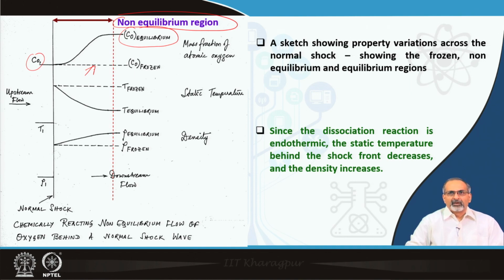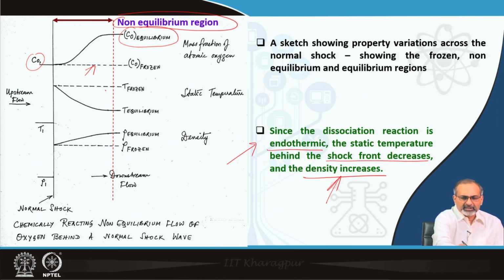We understand that the dissociation reaction is endothermic in nature, which we have learnt earlier, and the static temperature therefore would decrease and the density would increase. This is a very important fact which we have to keep in mind, and it has profound implications on the shock shape, which we will discuss later.